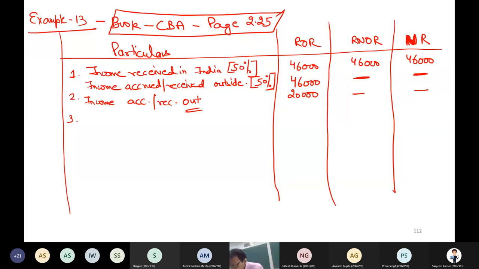Third point, capital gains on sale of shares of an Indian company received in India, STT not paid. Ignore these last three words, STT not paid. Then it is capital gains on sale of shares of an Indian company received in India. Any answer?